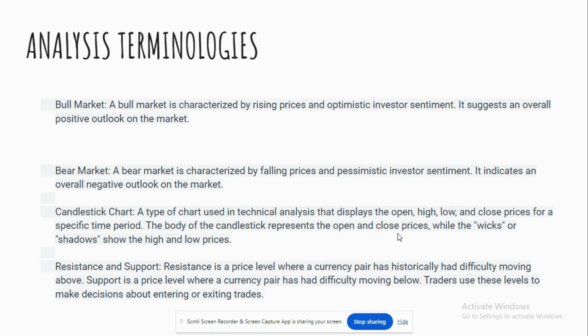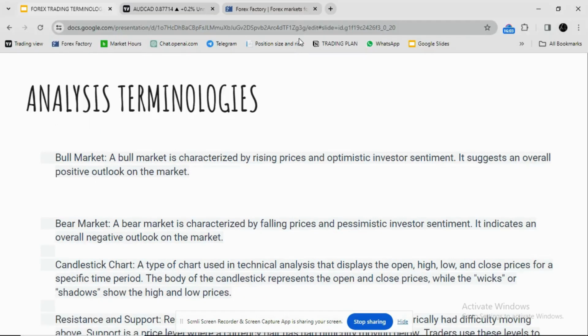The body of the candlestick represents the open and closing prices, while the wicks or shadows show the high and the low. Then we have something called resistance and support. Resistance is a price level where a currency has historically had difficulty moving above, right? Support is a price level where a currency pair has difficulty moving below.